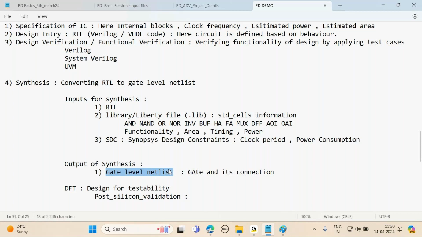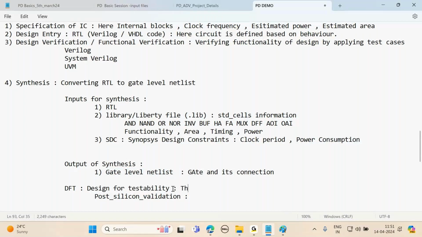Why will they do modification? So I can easily pass the test cases inside the IC and get the results from the IC. They will do modification in what? The gate level netlist. This gate level netlist only is going to convert into what form? Layout form.